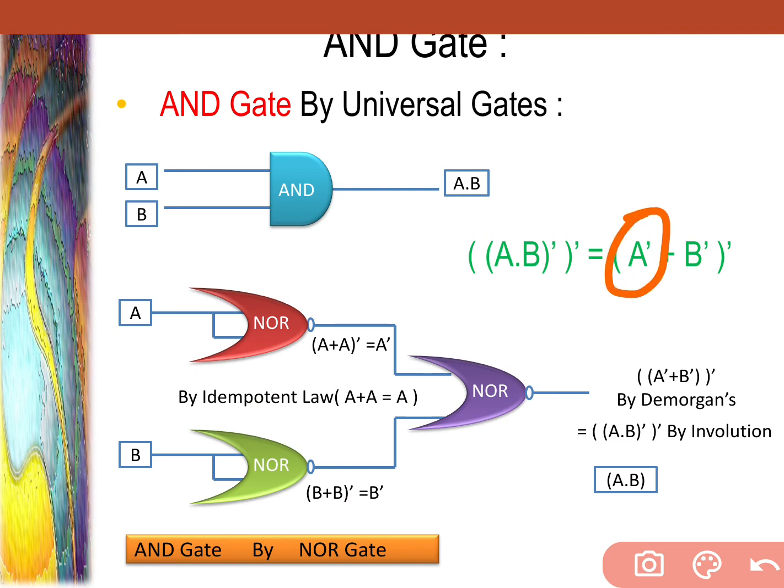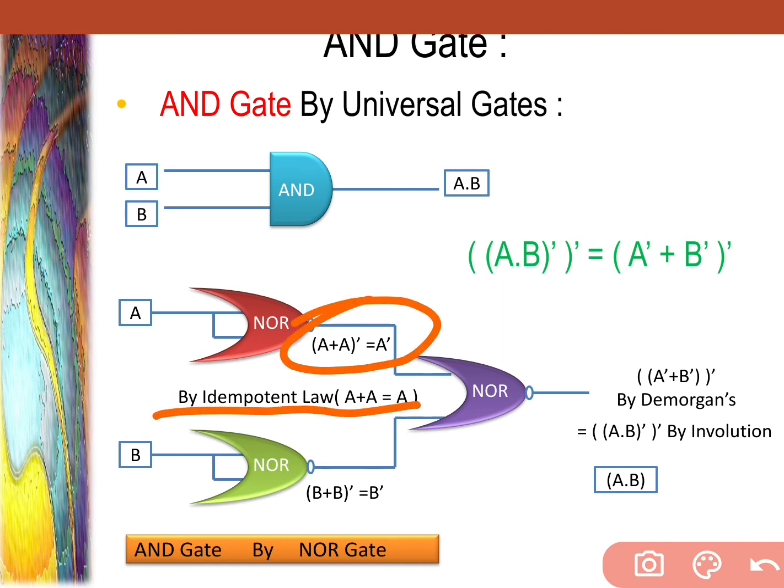First of all, we have to find A dash. See, A I had provided 2 times. We have to send A 2 times because NOR is also a kind of gate which accepts 2 or more inputs. We have to create A dash. I told you earlier how we are going to create it, the same funda I'm using.